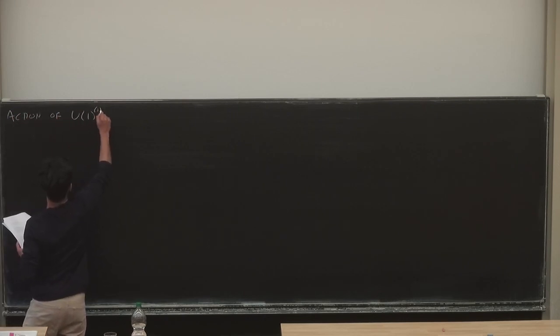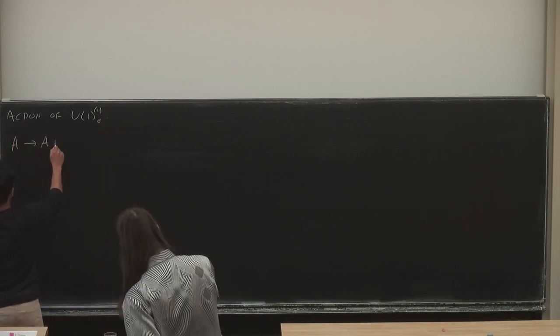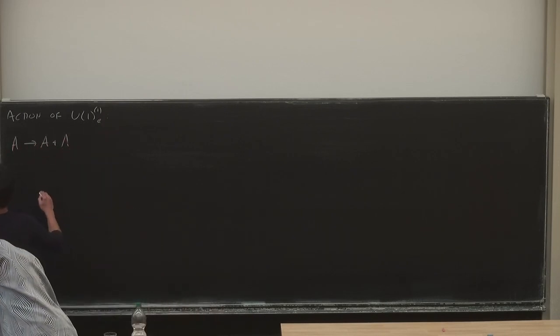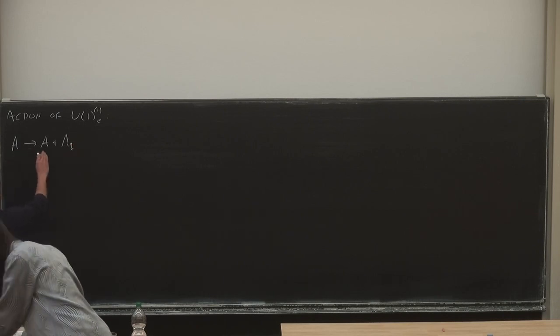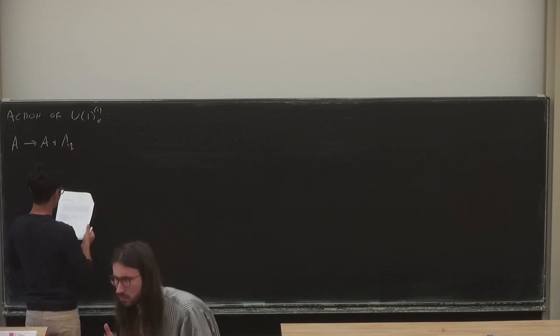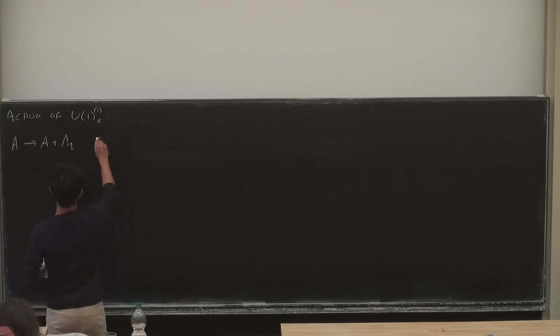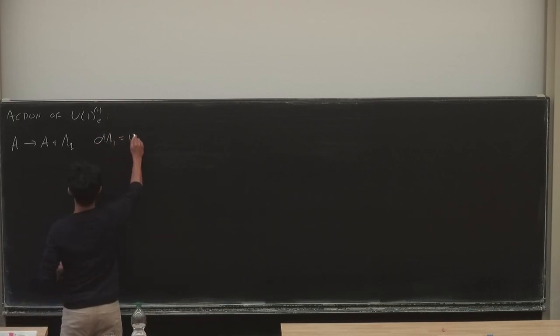Sorry, I left out one more thing before getting into the magnetic. The action of this U1 electric symmetry is pretty easy to understand. It corresponds to the shift of A by a closed one-form.